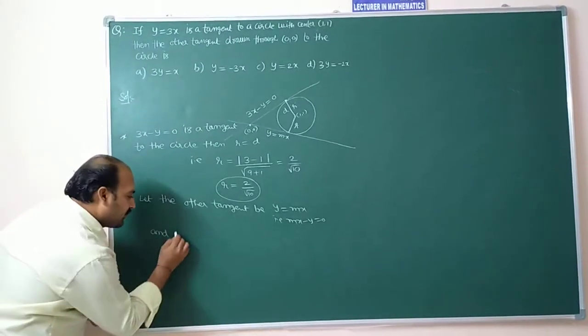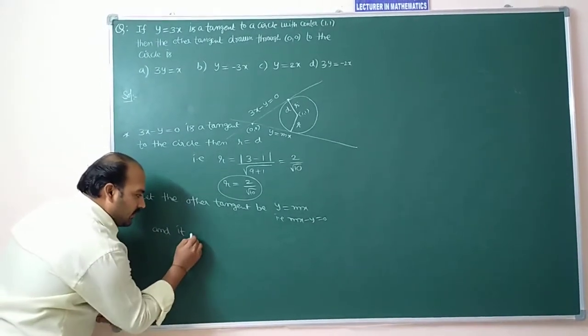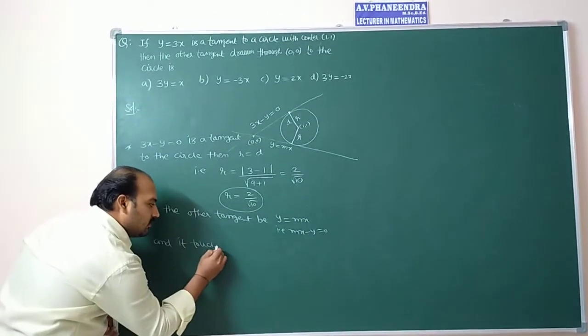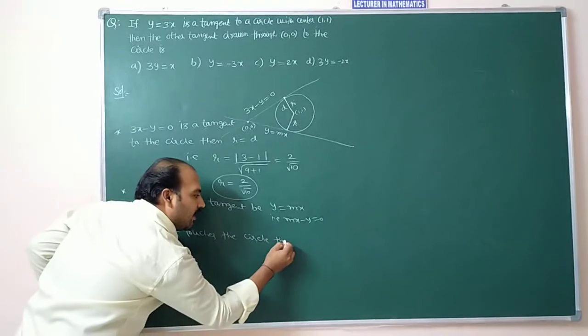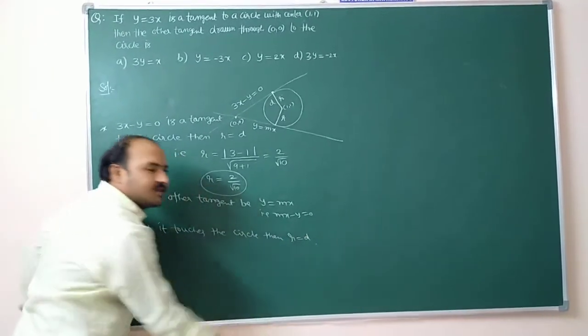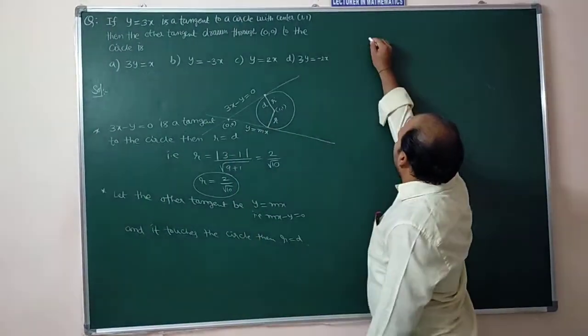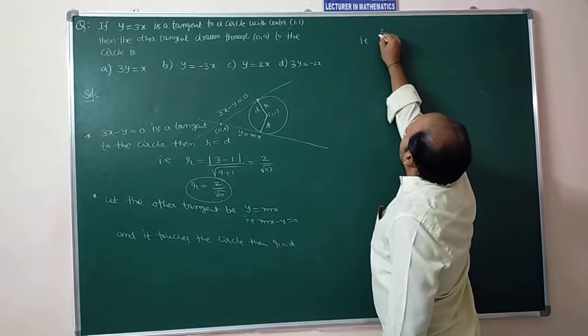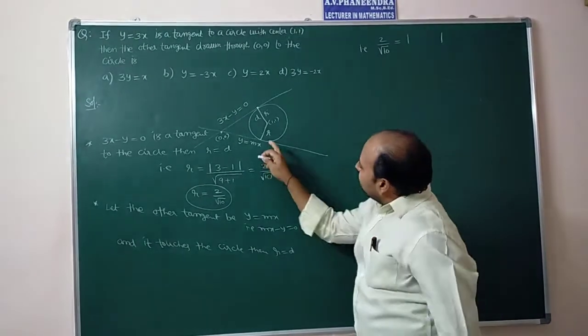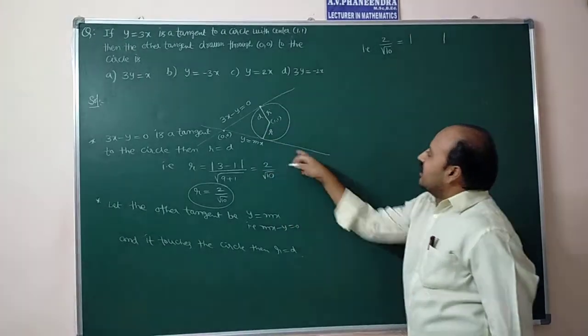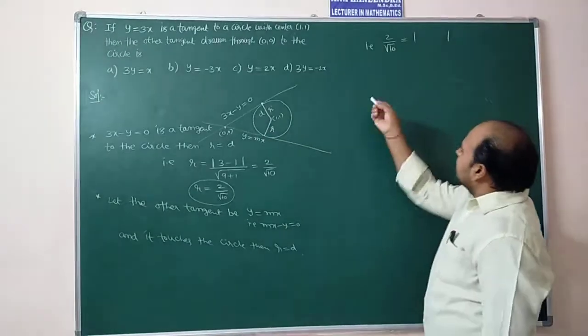and it touches the circle, then radius is equal to perpendicular distance. The r value we have is 2 by root 10, which is equal to the mod of the perpendicular distance from (1, 1) to this line. y is equal to mx means mx minus y.